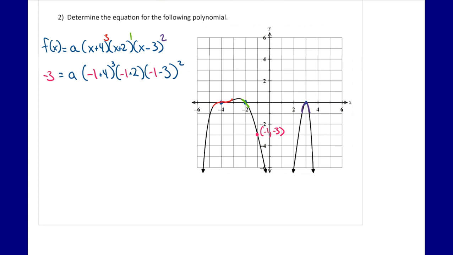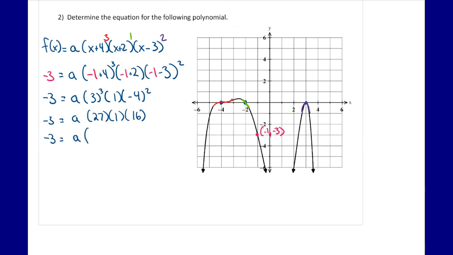I'm going to go through and solve. So -3 equals a times 3 cubed times 1 times -4 squared. -3 equals a times 27 times 1 times 16. Negative 3 equals a times 432.